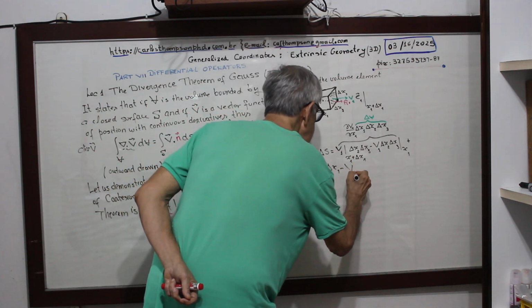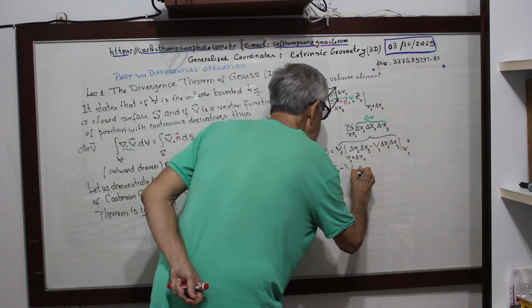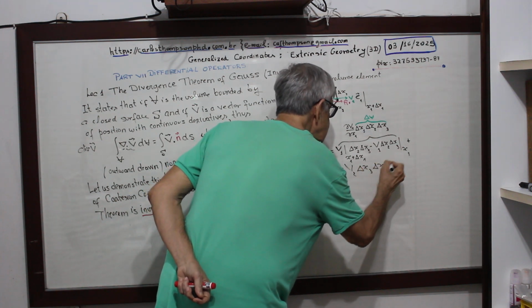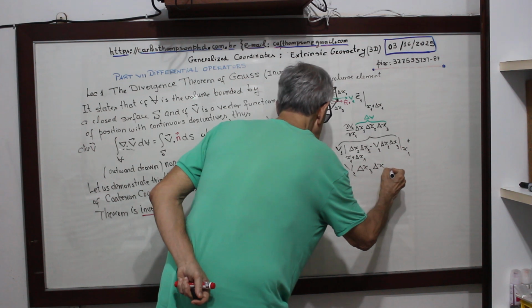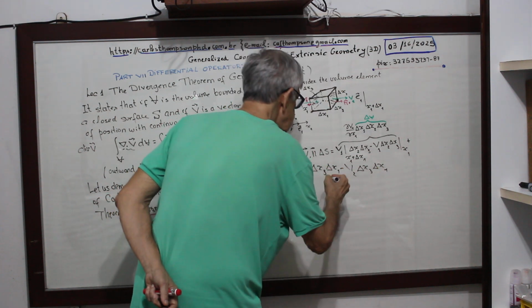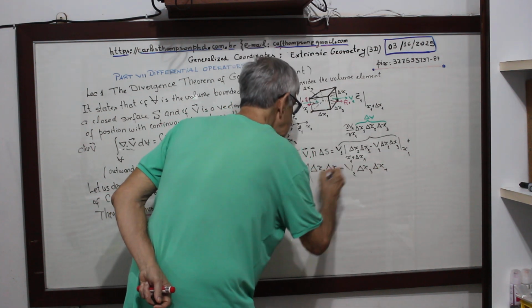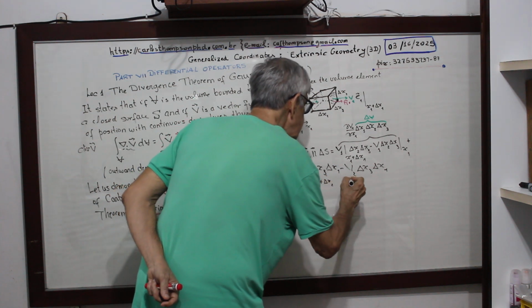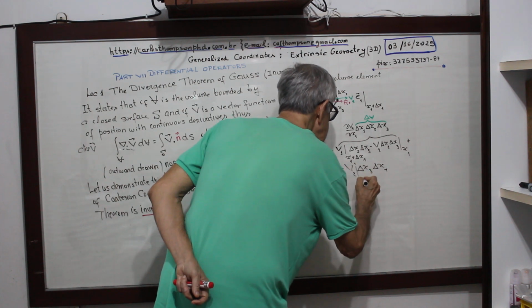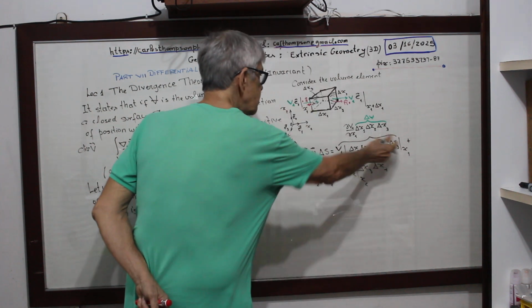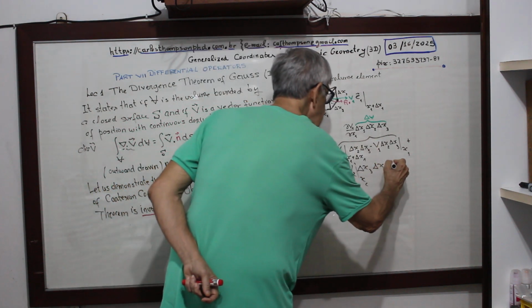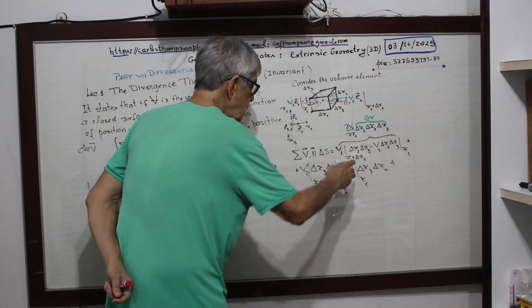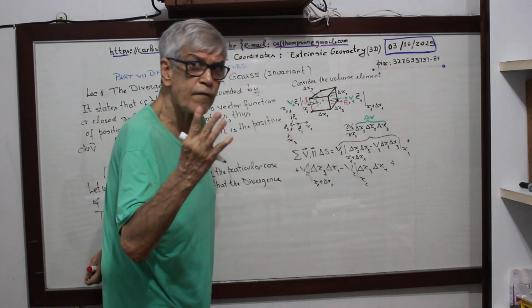Minus V2 delta x3 delta x1. This is at x2 plus delta x2, and this is at x2. Now, till now these are 4 surfaces.